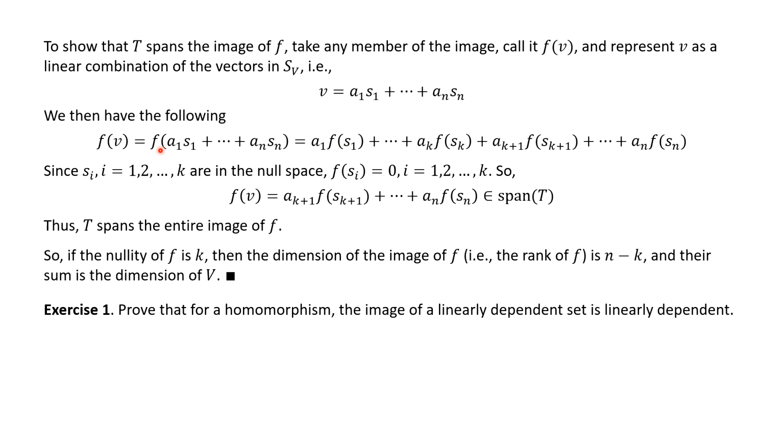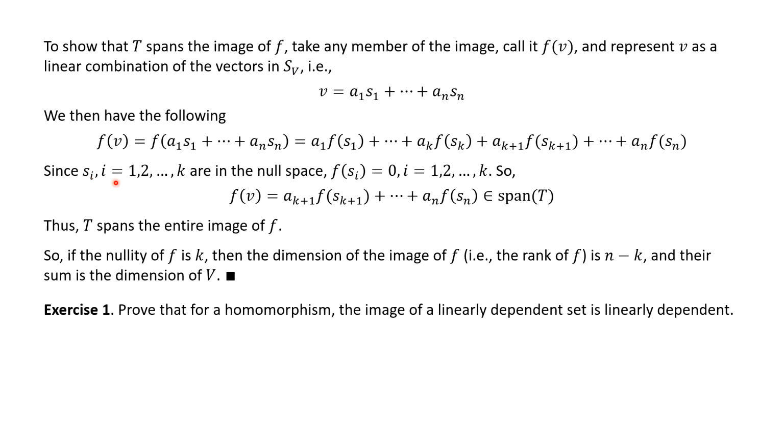Then we use the linearity property of F, since it's a homomorphism, to write this like this here. And you notice I kind of broke it into the nullity part and then the part we added to it to make a basis for the entire vector space V.